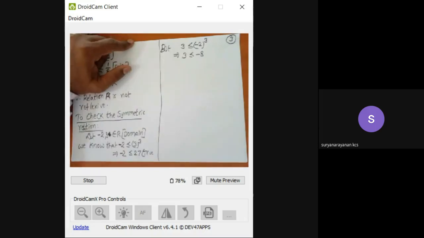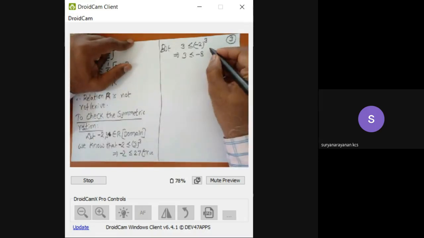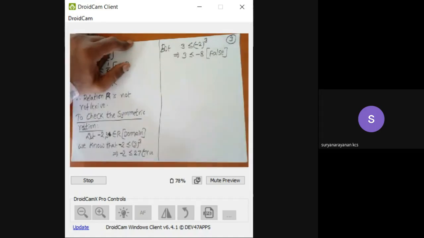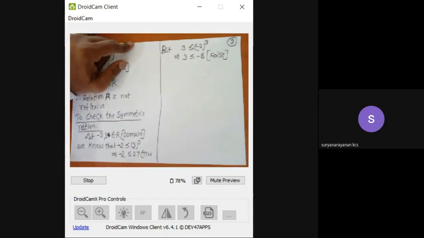Is it a true statement or false? It is a false statement. Yes or no? Yes, sir. 3 is less than or equal to -2 whole cube is a false statement.